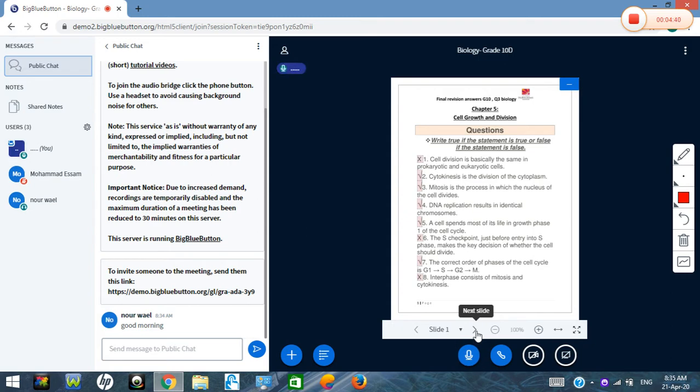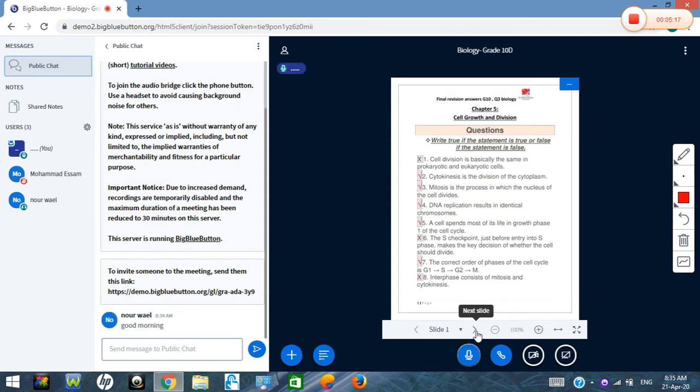And in G1, the nucleus of the cell synthesizes 20 amino acids. These 20 amino acids will be used later in S phase in the duplication of DNA.